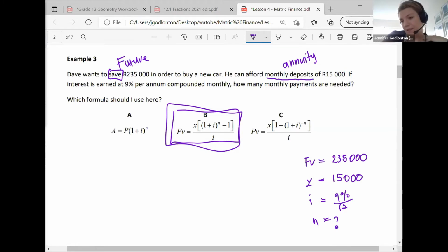Okay, I've put some things up on the side to help if you're struggling. I'm just going to slowly start putting it into our formula just so you can start seeing how things fit.